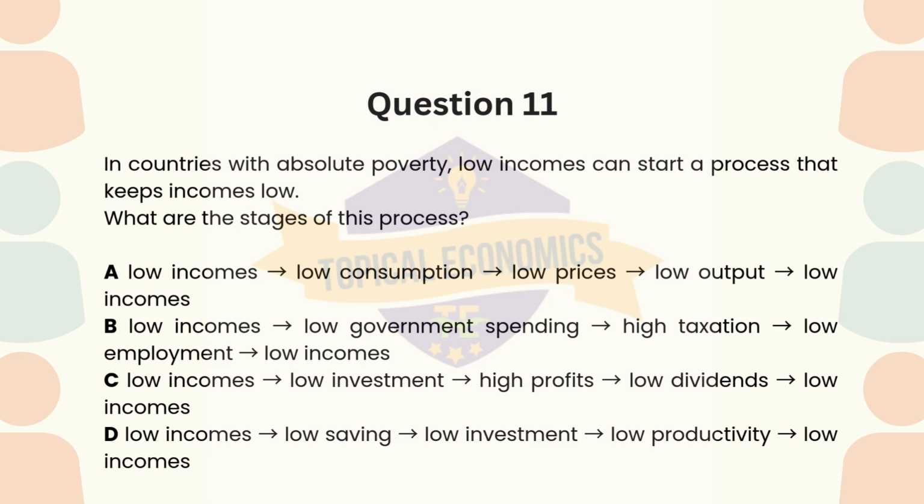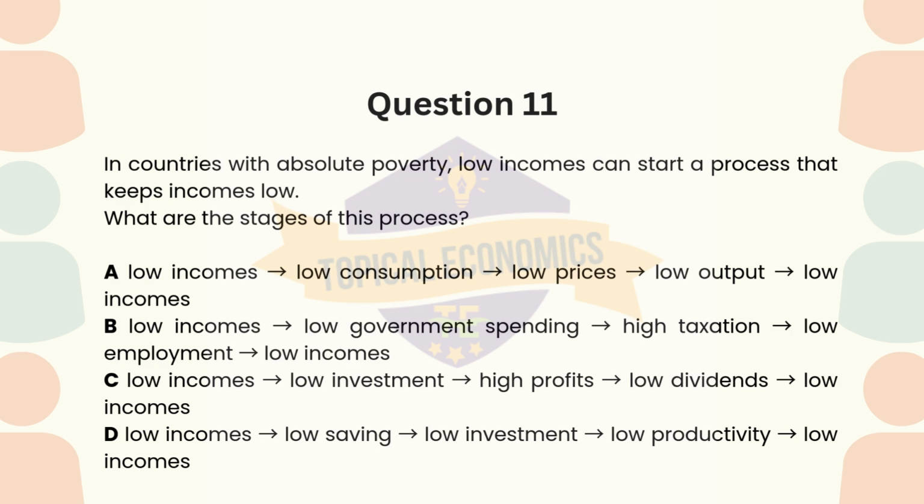So option A is incorrect. Option B. This option suggests that low incomes lead to low government spending, but this is not a direct correlation. High taxation generally results from higher income brackets, which does not clearly illustrate the cycle of maintaining low incomes. So that is why this option is also incorrect.